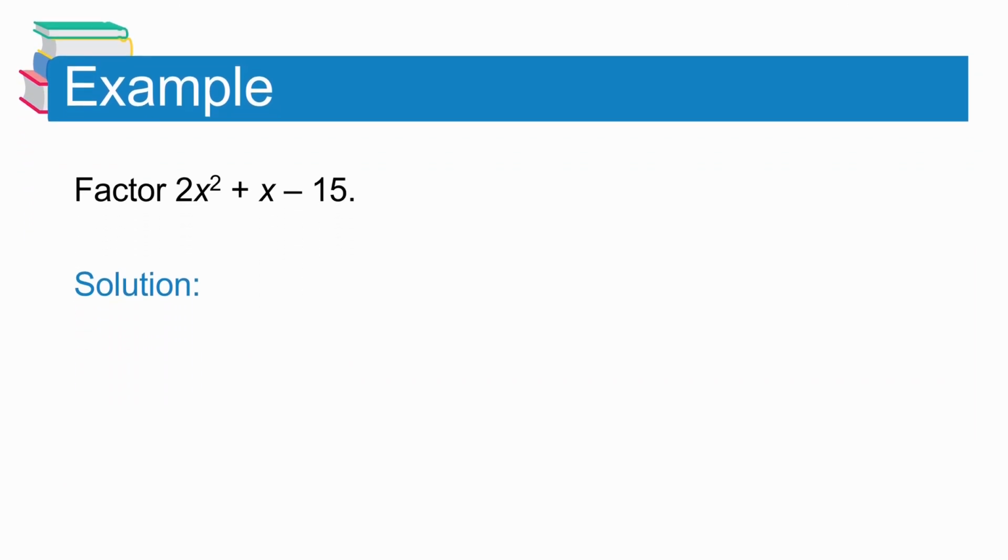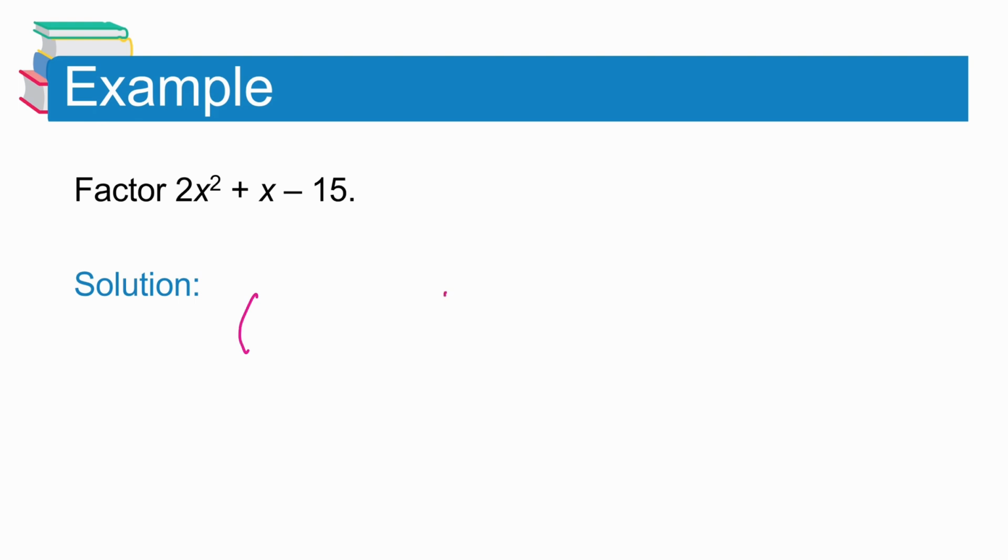So we want to factor on this one, and we have the 2 and we have the 15. And 2, you can really only do as 2 times 1, but the 15, we could do as 15 times 1 or 3 times 5. Usually, the smallest factors are the ones that you want, especially when your b is small.